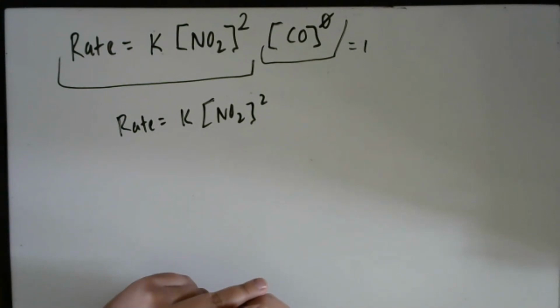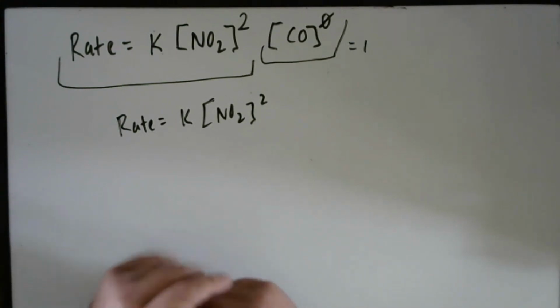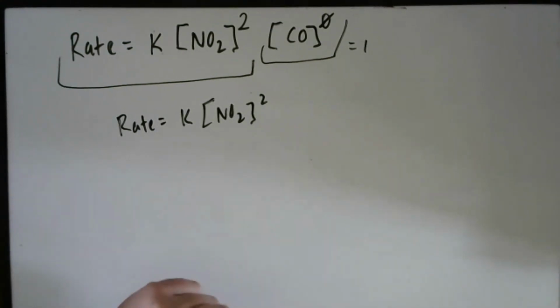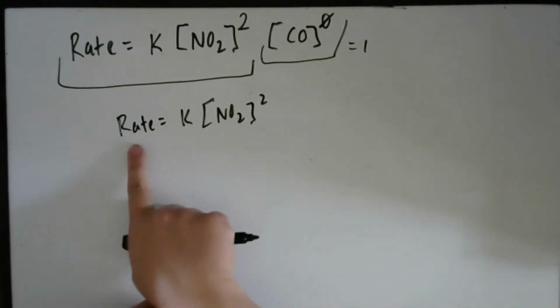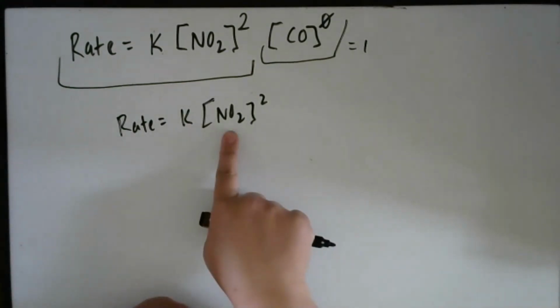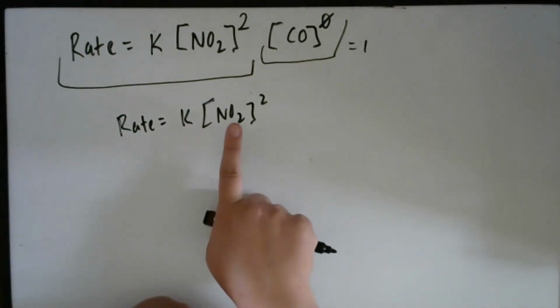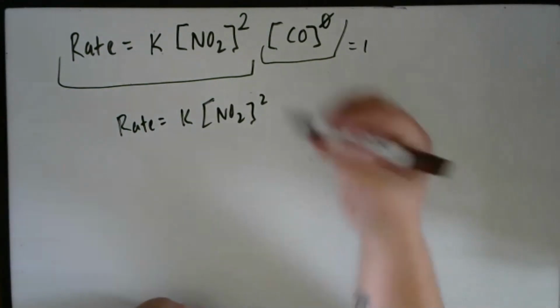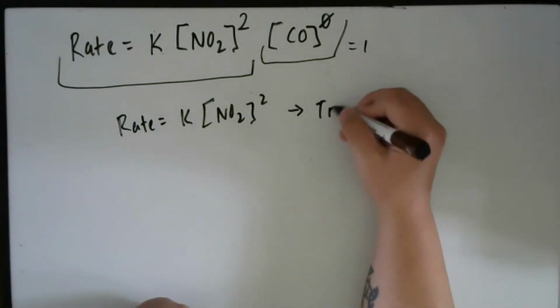If you go through the different trials, you might get numbers that are very slightly different, but they're all going to be around the same thing. It doesn't matter which trial you pick. What's important is that whatever rate you use, you're using the corresponding NO2 concentration for that rate in order to solve for K. So let's use trial 4 because we haven't used that one yet.